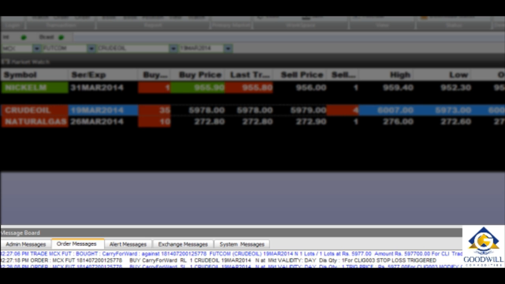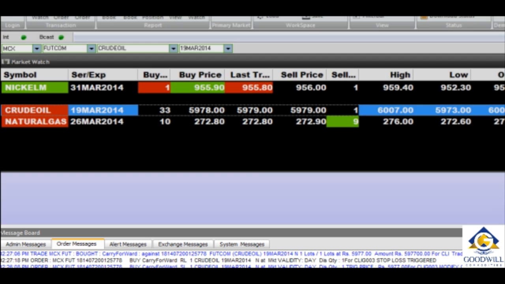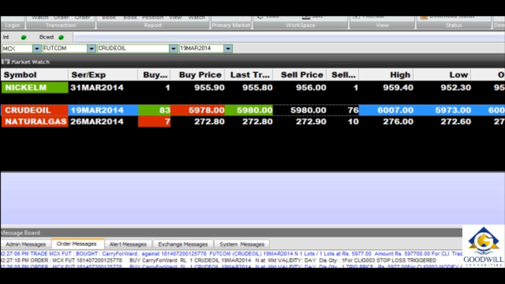For example, if you consider the market is very volatile, by default, once the price reaches 5977, it will be filled at the next available price. So it does not guarantee me the price, but it guarantees me the order filling. So that is the reason we place a stop loss market order.